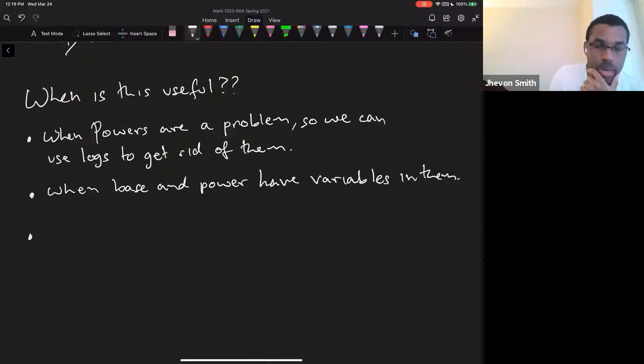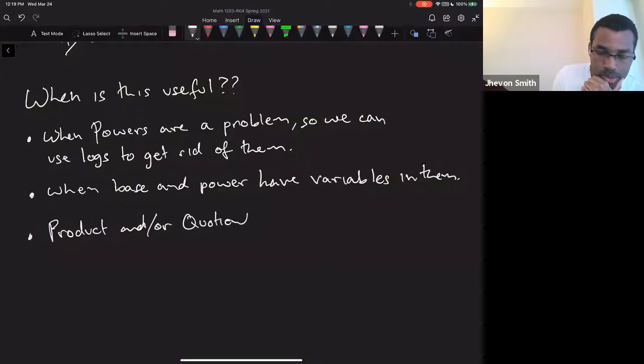Another situation which might be surprising is this situation. The product and or quotient rule would be very annoying to apply.